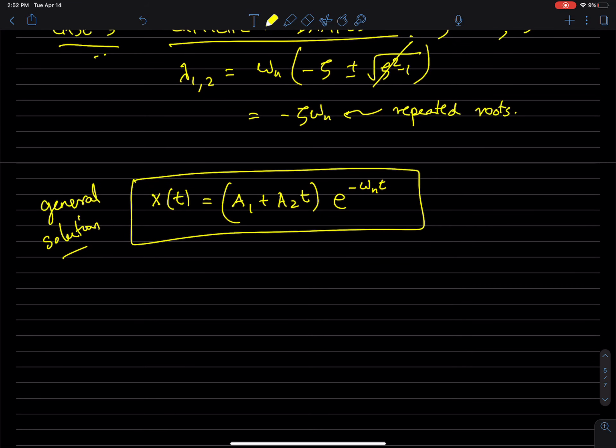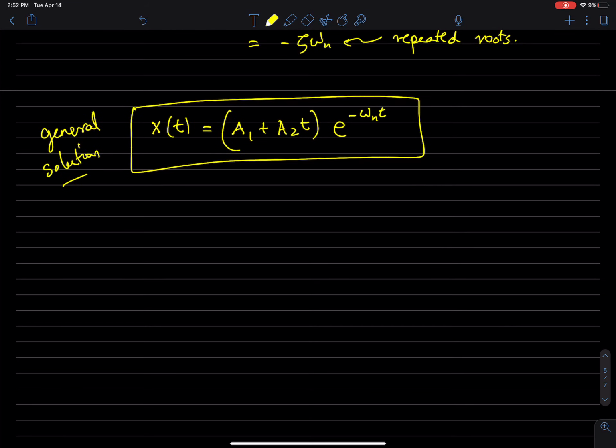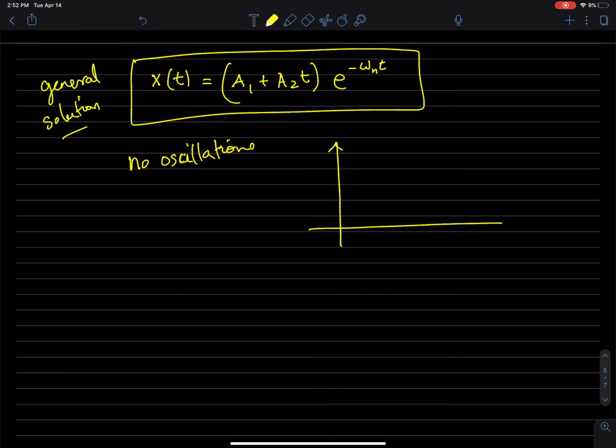So these are 3 main cases. This also looks like no oscillations. So if we start it with some x of t, it will sort of decay to 0, but not as fast as it would in the overdamped case, okay?